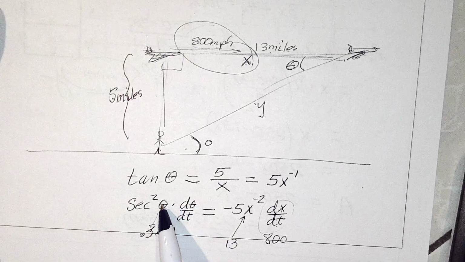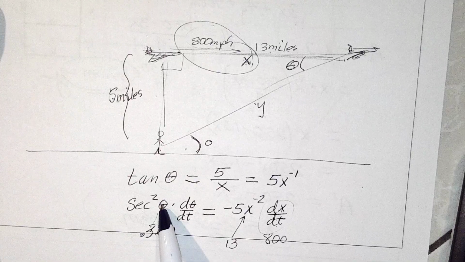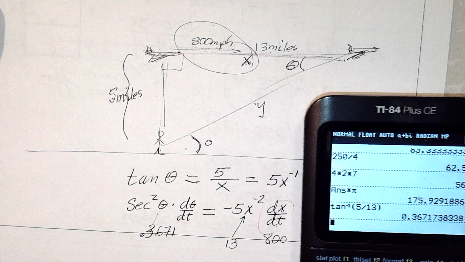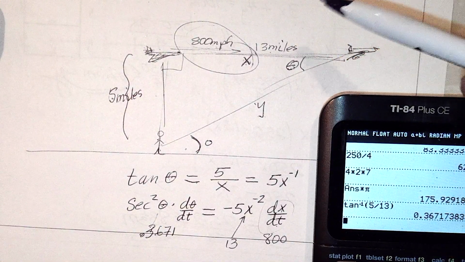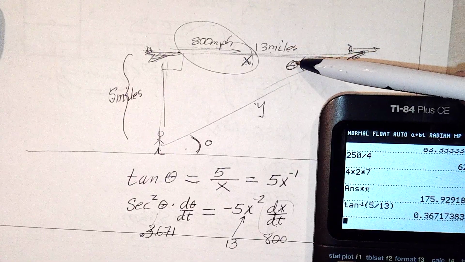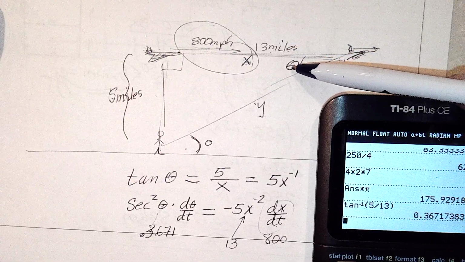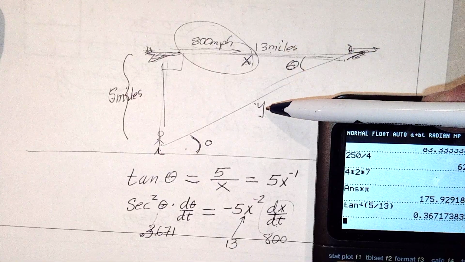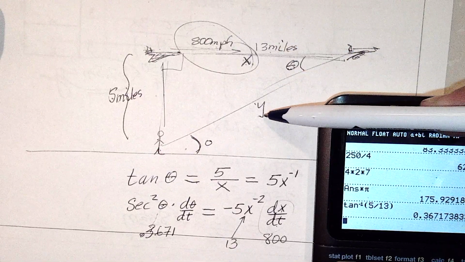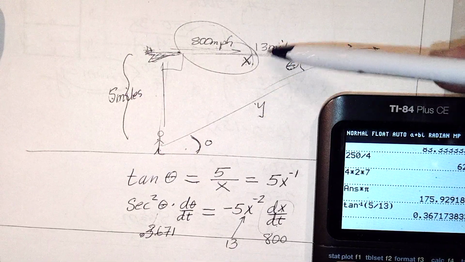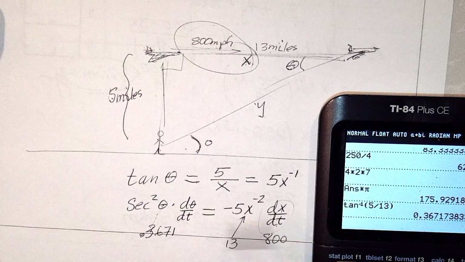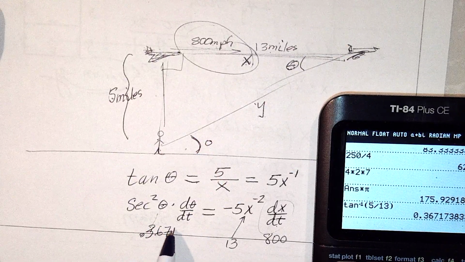Actually, I just need the secant. And so to get the secant, that's secant's the reciprocal of cosine. Cosine is 13 over y, so the secant's y over 13. So I can get the secant without doing this trig thing here.